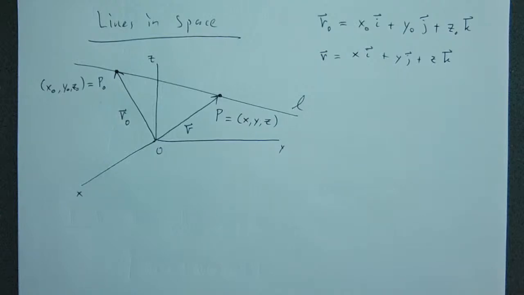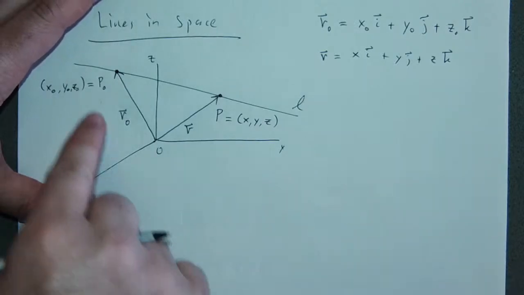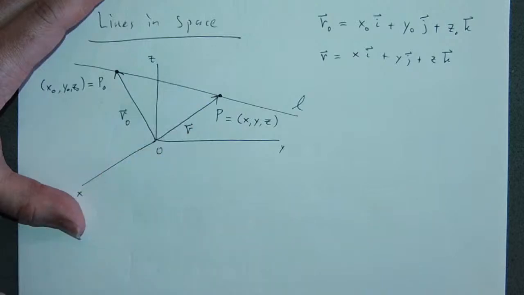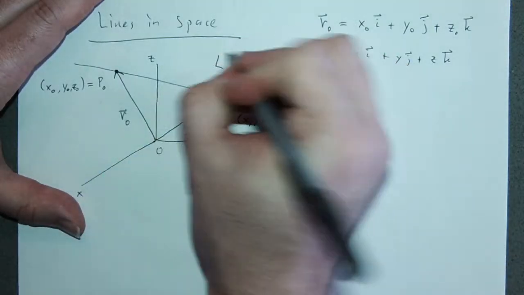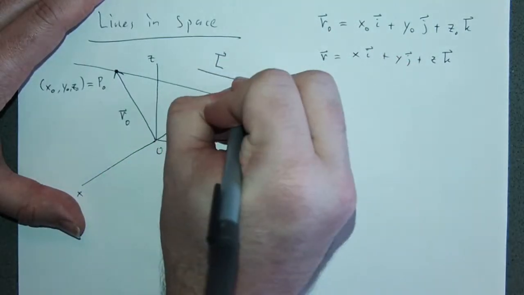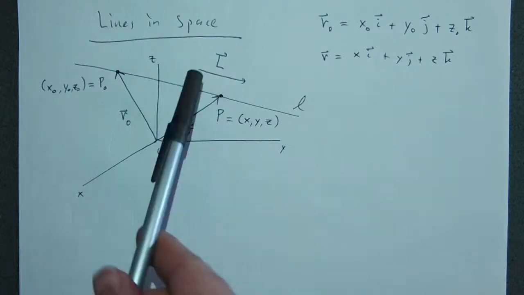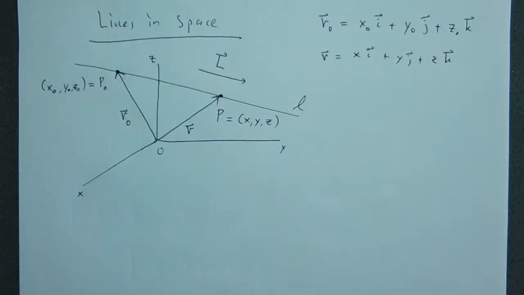Okay. So then what are the 2 pieces of info to determine this line? I want to give the 2 pieces of info as an initial point P naught and a vector L that is parallel to the line. So I have a vector L that is parallel to my line little l, and this together with an initial point is going to determine my line.